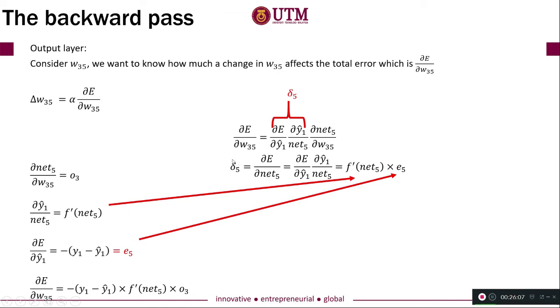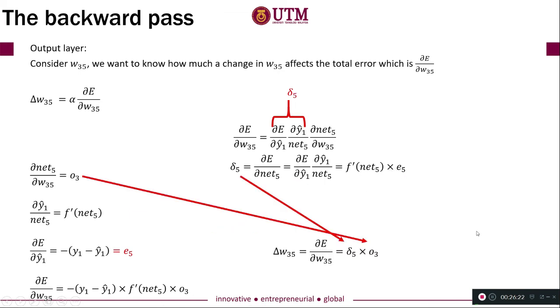So to find delta 5, it is equal to the derivative of your activation function multiplied by E5 over here.